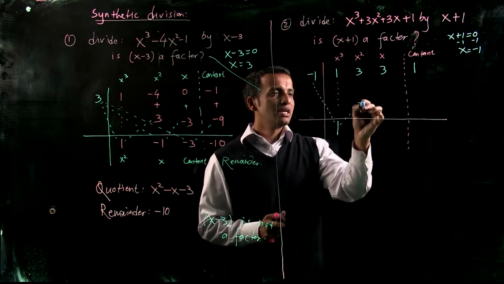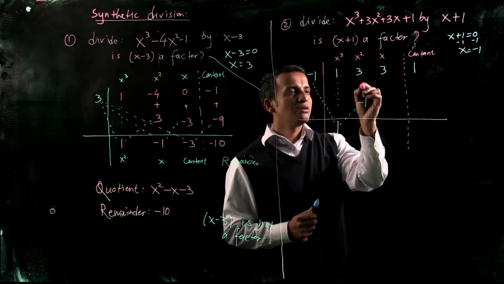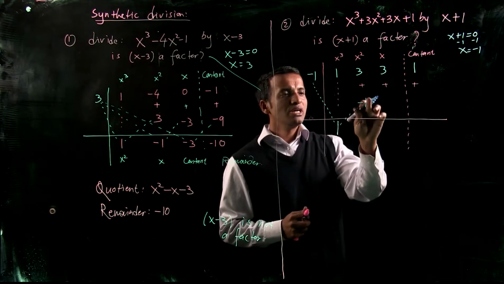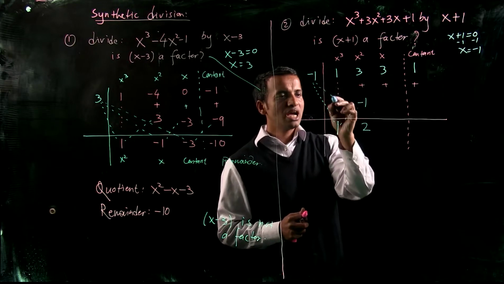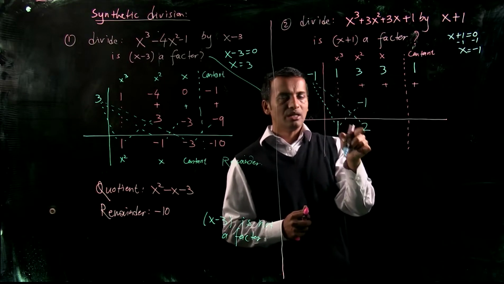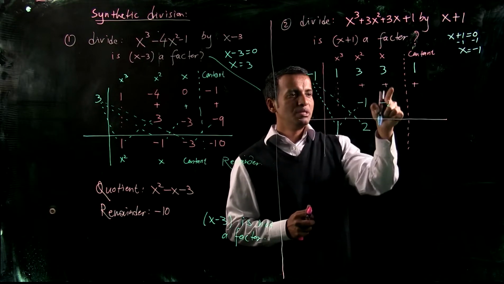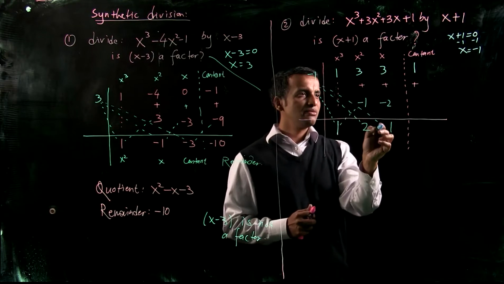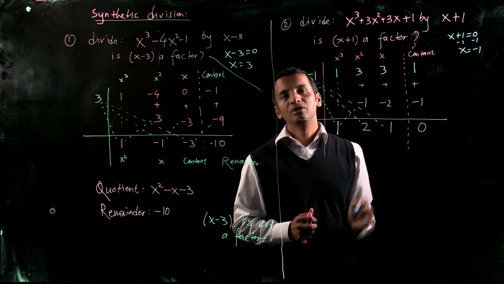Now you add: 3 and -1 gives +2. Then 2 times -1 is -2, and 3 minus 2 is 1. Again, 1 times -1 is -1, and 1 minus 1 is 0.